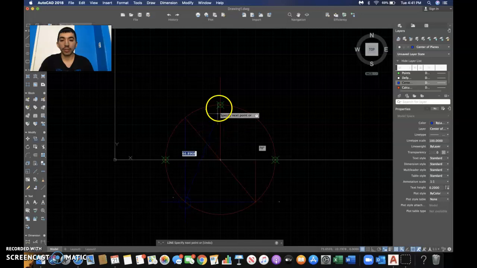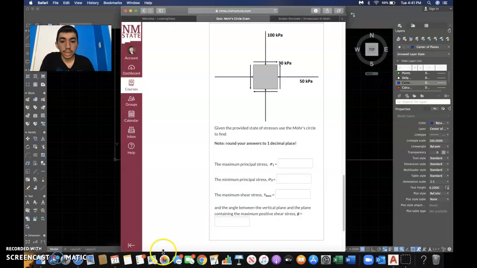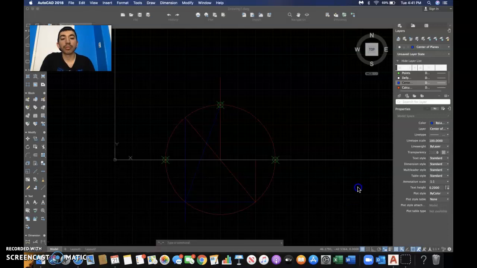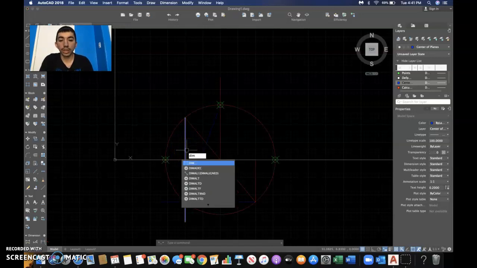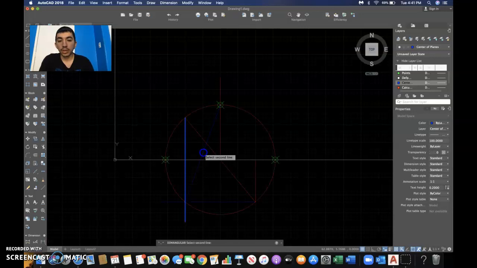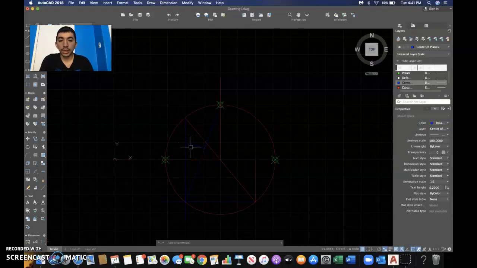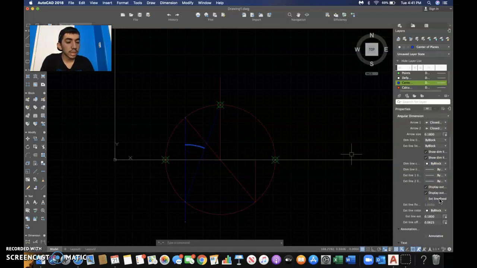So my center of planes to the maximum shear stress plane, and it's between the vertical plane. So this is our vertical plane. So we're going to go to angular dimension, select this one and this one, and there's the angle. I'm just going to make it a little bigger so it's easier to see.